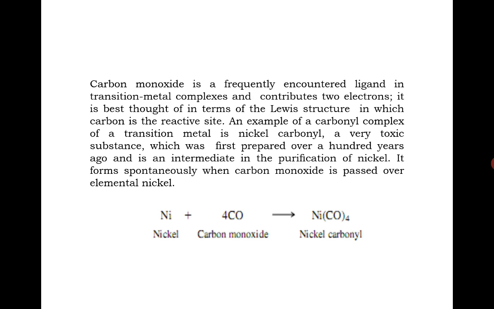An example of a carbonyl complex of a transition metal is nickel carbonyl, a very toxic substance which was first prepared over 100 years ago and is an intermediate in the purification of nickel. It forms spontaneously when carbon monoxide is passed over elemental nickel.